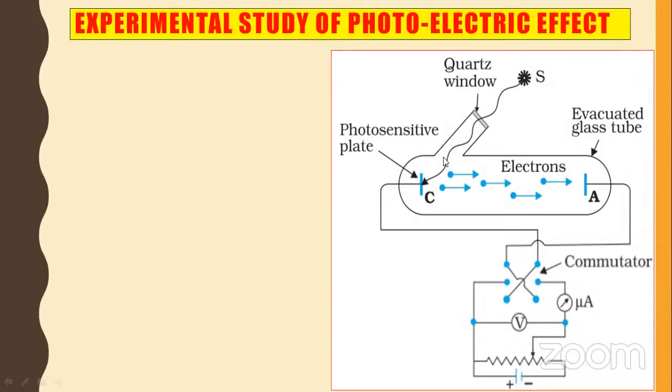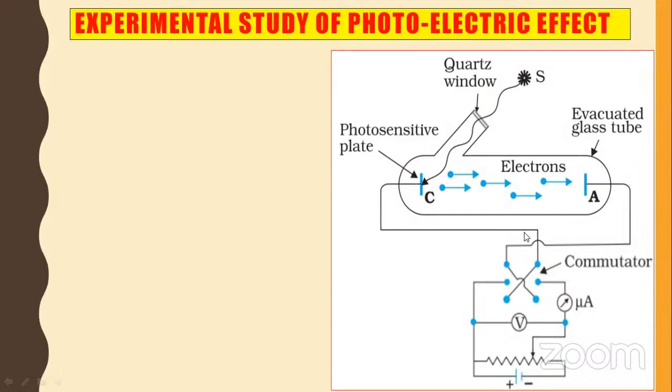This tube consists of photosensitive plates, C means cathode, A means anode, and in series a commutator, potential difference, rheostat, battery, as well as the microammeter. The microammeter is to measure the current, V is to apply the potential difference, the rheostat is for changing the resistance, and the battery.